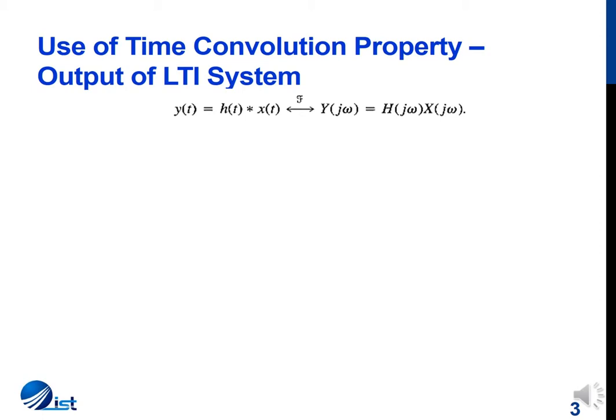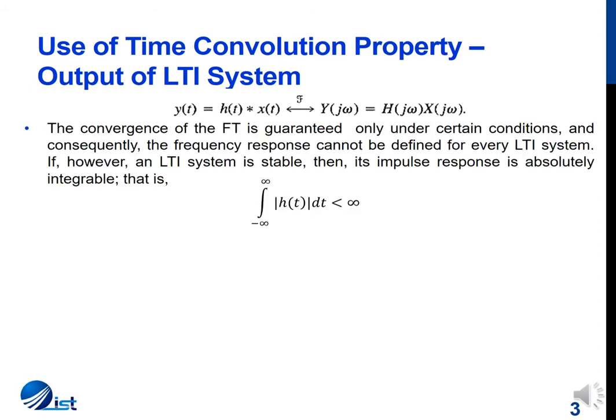This property can be used only if the system is stable, because we know that the convergence of the Fourier transform is only guaranteed under certain conditions, which are known as the Dirichlet conditions. We know that an LTI system is stable, using the basic definition from chapter 1, if the impulse response h of t is absolutely integrable, or, in case it's an exponential, a decaying exponential.